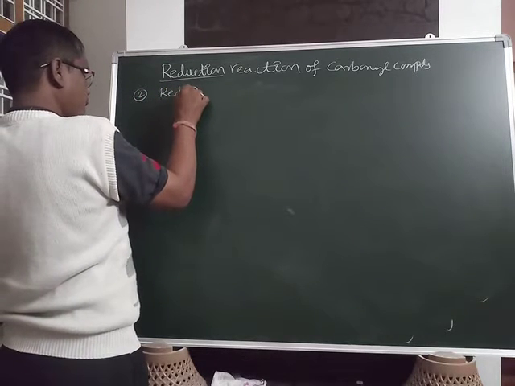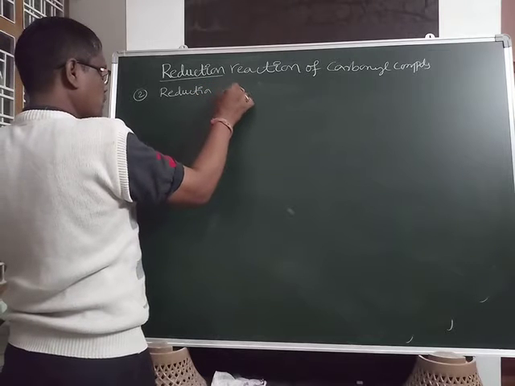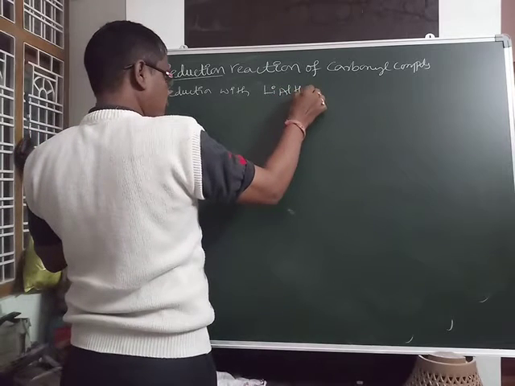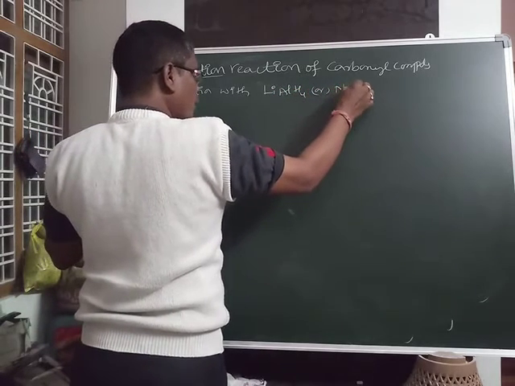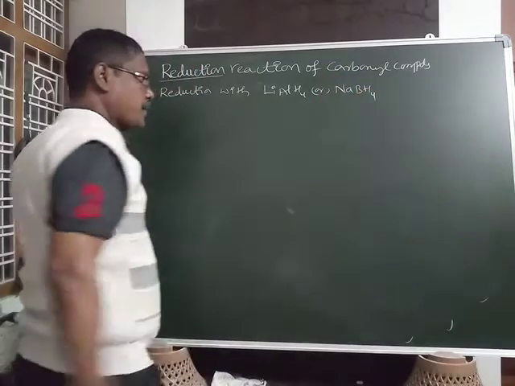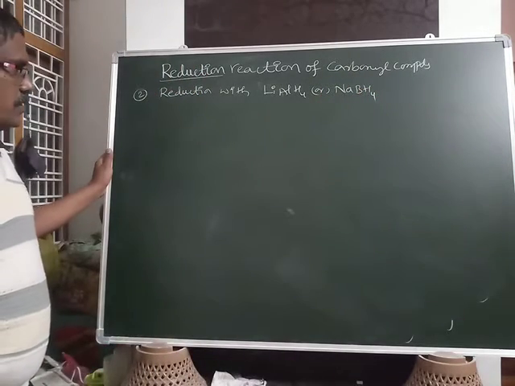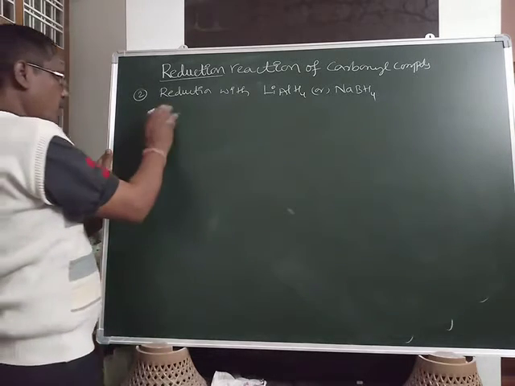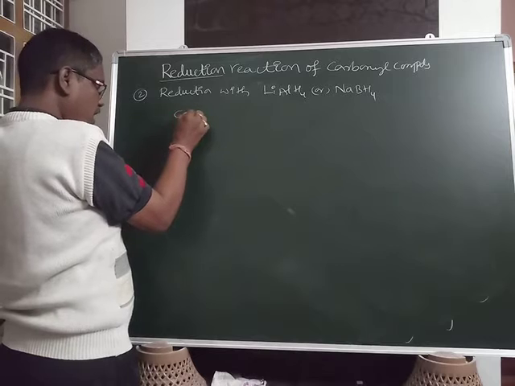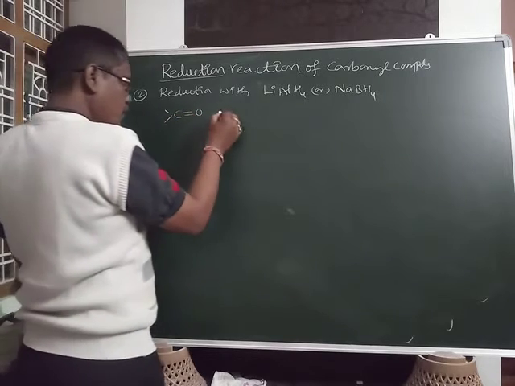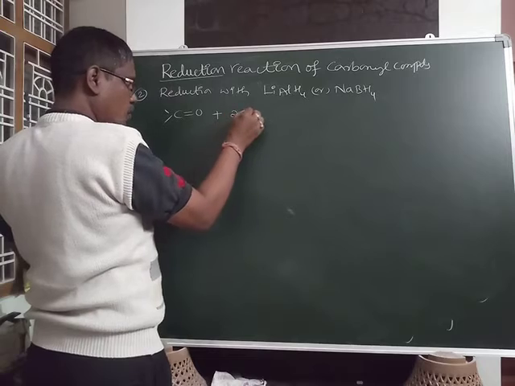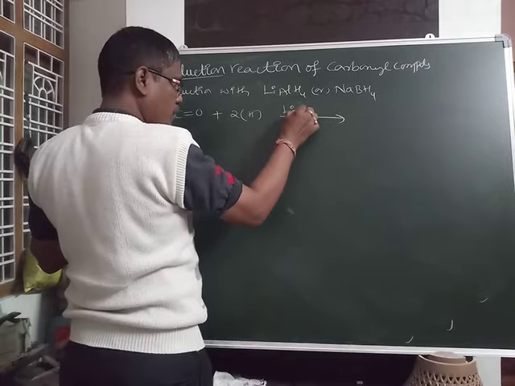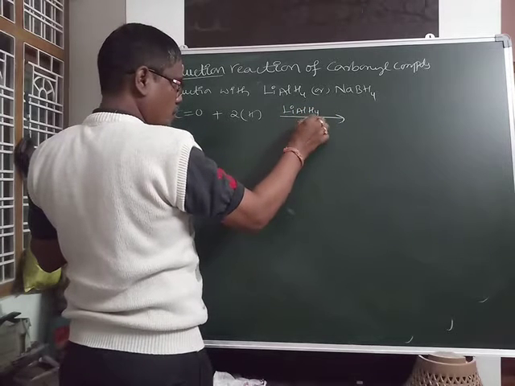Okay. Now the second one, reduction with lithium aluminum hydride or sodium borohydride. A carbonyl compound is reduced, the two hydrogens being supplied by lithium aluminum hydride or sodium borohydride.